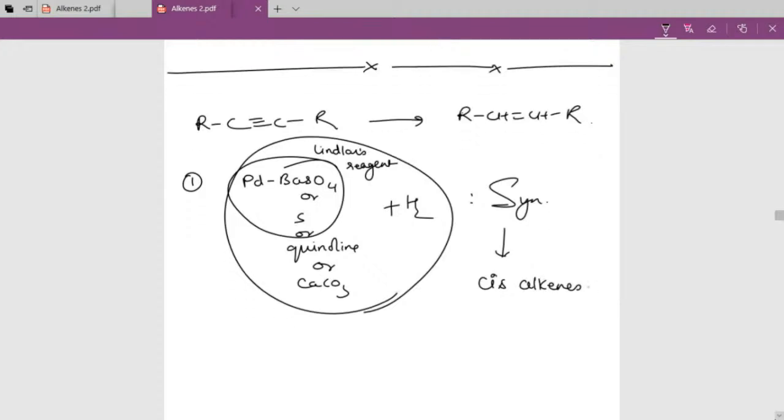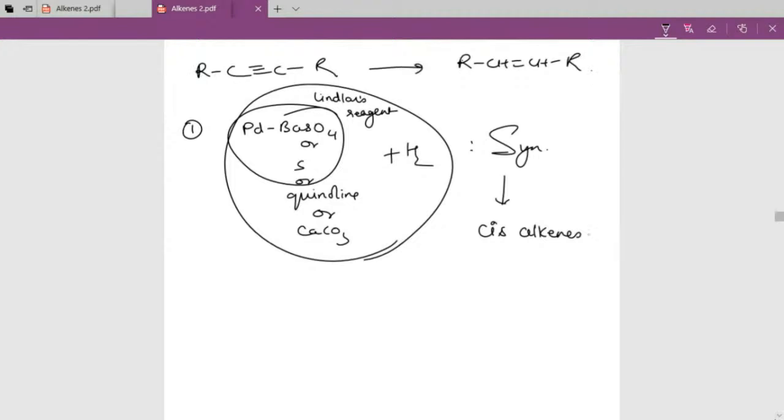Now here we are doing just the opposite of what we have done in Raney nickel. In case of Raney nickel, we increase the surface area of the catalyst so that the activity of the catalyst is increased, it works better. Okay, but here we are doing just the opposite.